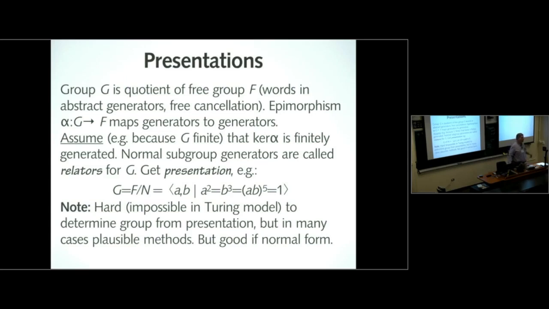No, so the question is, what do I mean by presentation at random? That's just a colloquial random. If you go out and you ask someone, write down a presentation, and then you give me this and you ask, what group is it? That is a very hard problem if you know nothing about where it comes from.